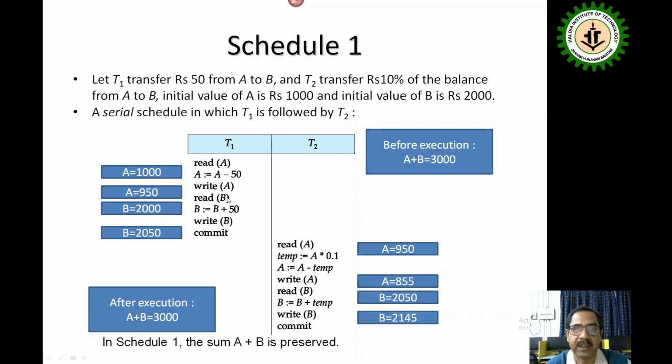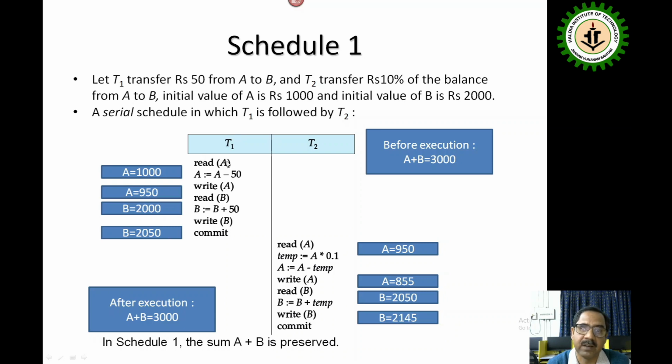T1 now reads the data item B, which is the initial value. The initial value of data item B is 2000. So read B means the initial value of B, that is 2000. Now, since T1 transfers rupees 50 from account holder A to account holder B, B will be credited with rupees 50. So B equals B plus 50, and write B. Then T1 updates the value of data item B, which is 2050.